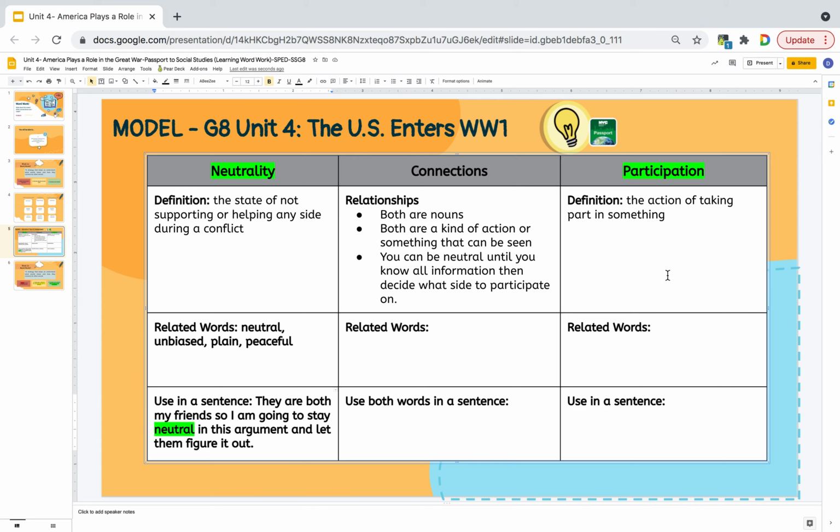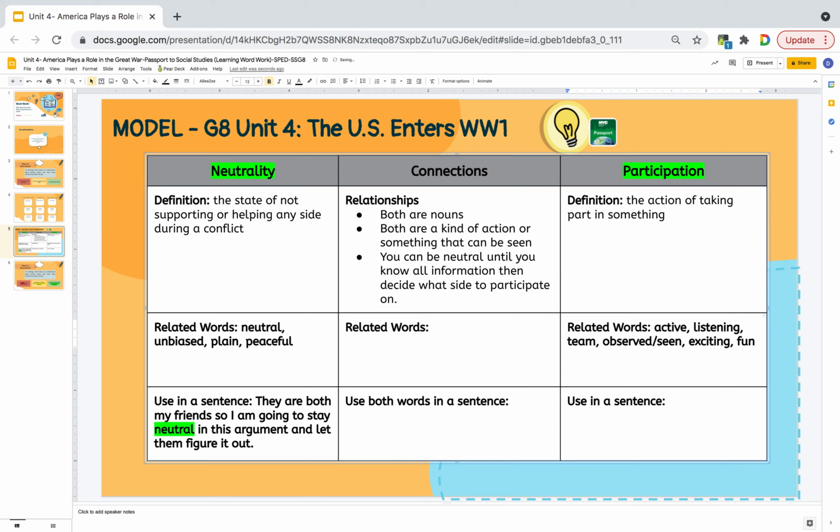Let's move on to our next word, participation. When I think of participation, I think about active, I think about listening, I think about team, I think about something that can be observed or seen, I think about exciting and fun.